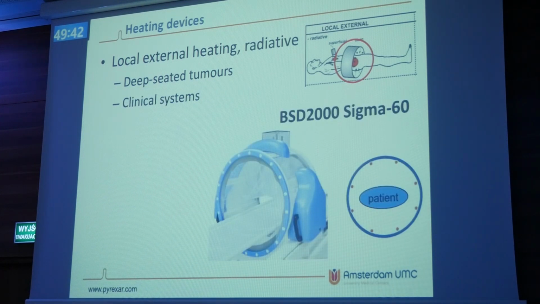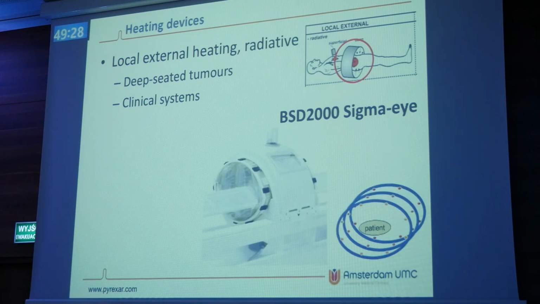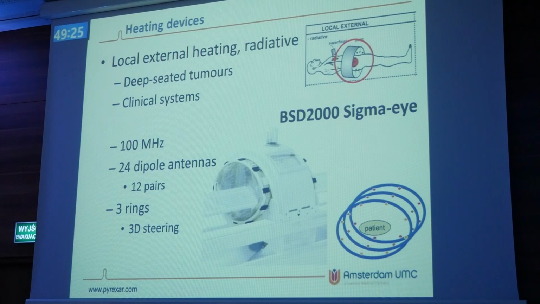And examples of clinical systems, again, one of the first BSD systems, the Sigma 60, with 8 dipole antennas, and the first version with a single ring, which was then partially replaced with a system capable of 3D steering of the SAR focus by having multiple rings of antennas. The Sigma I uses 24 dipole antennas.